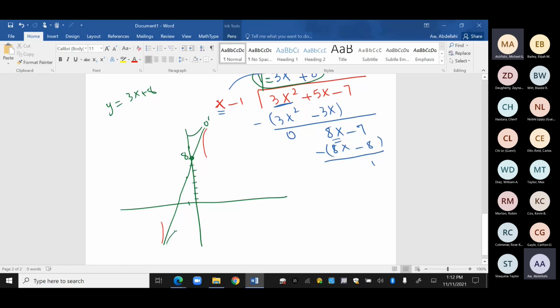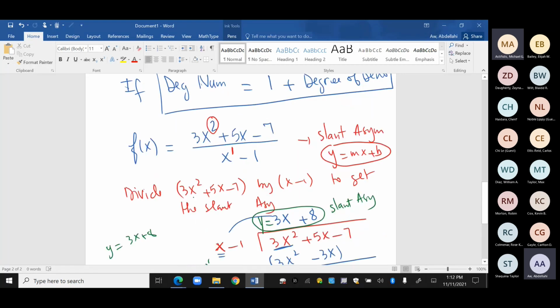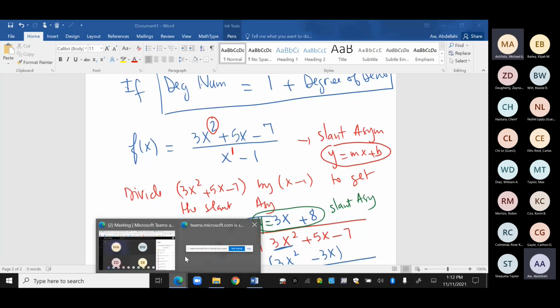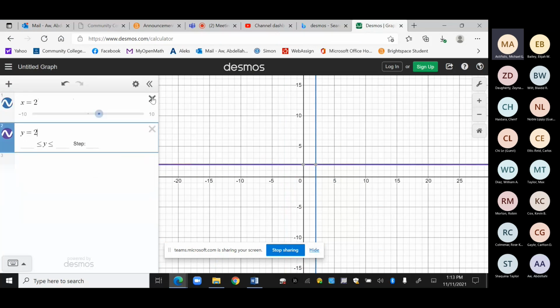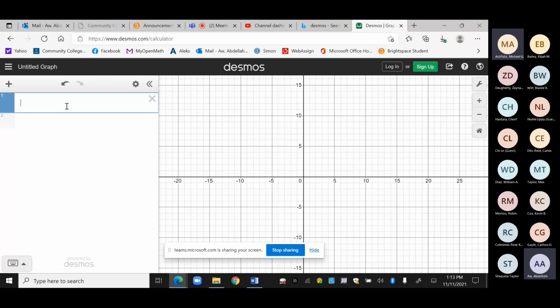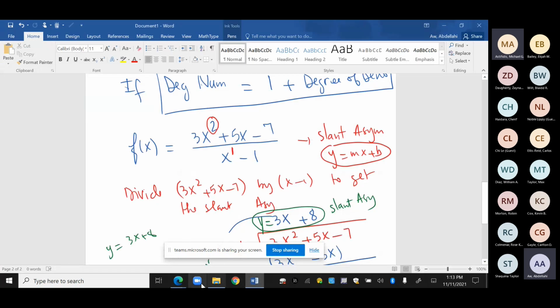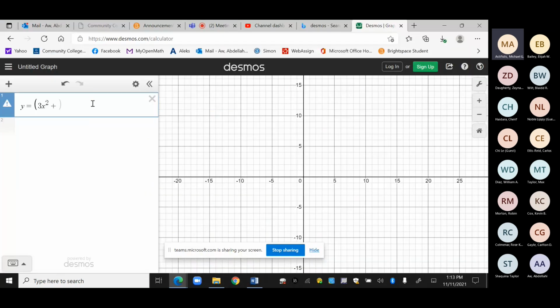I can check with Desmos. Let me graph it, just to show you the slant asymptote. y equals 3x squared plus 5x minus 7 all over x minus 1.